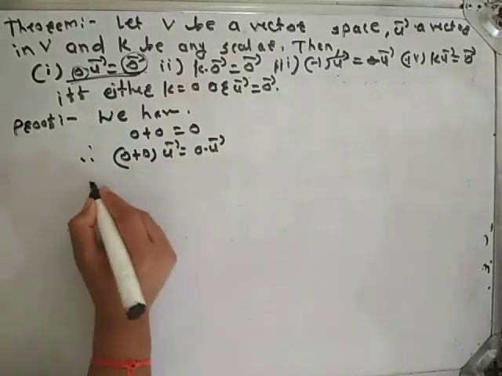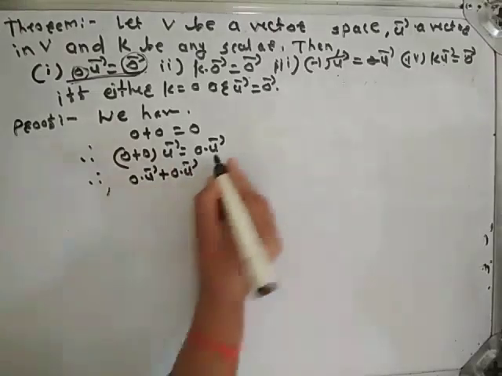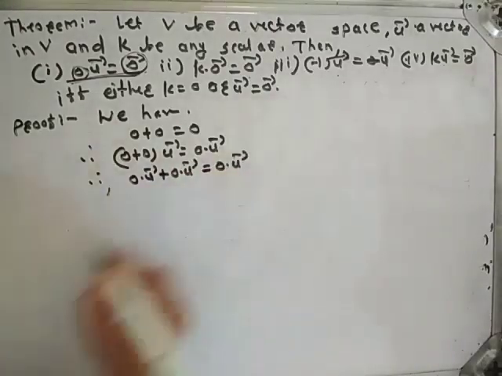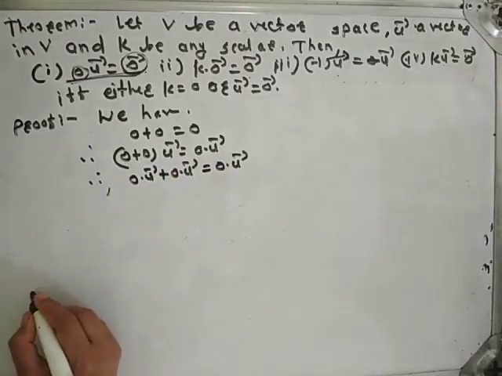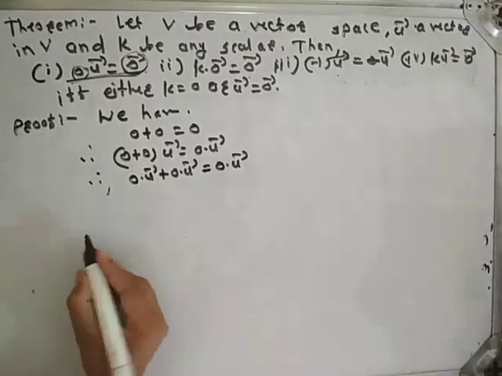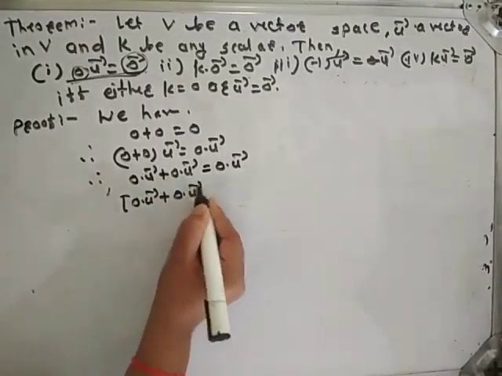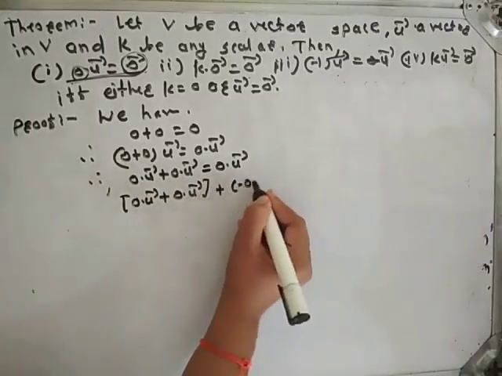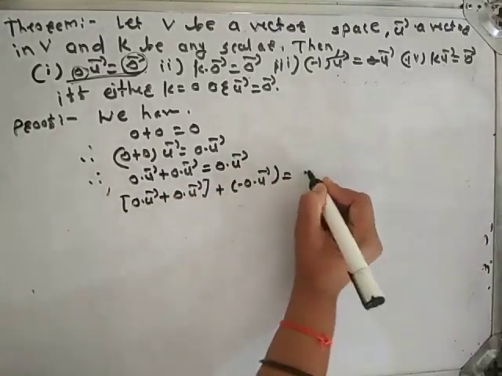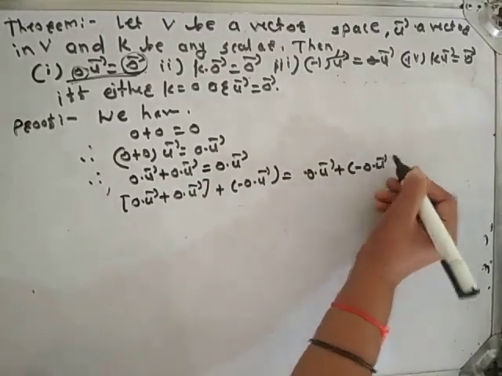Therefore this is 0 dot u bar plus 0 dot u bar, which is equal to 0 dot u bar. In the next step, 0 dot u bar plus 0 dot u bar plus minus 0 dot u bar is equal to 0 dot u bar plus minus 0 dot u bar.